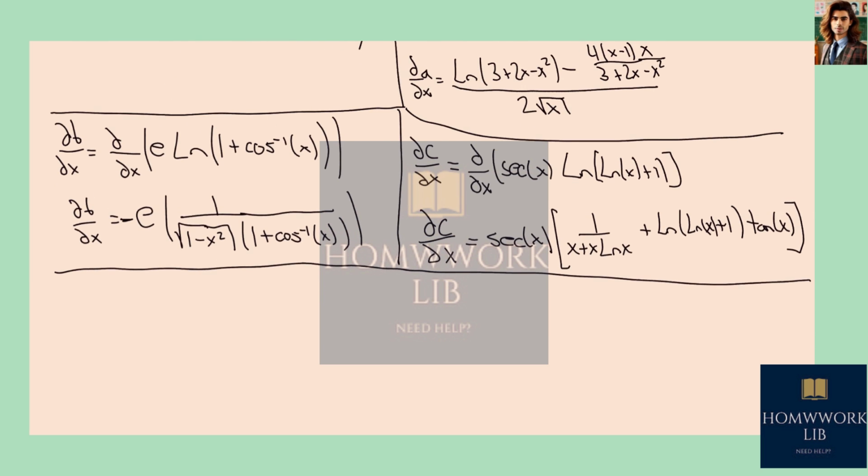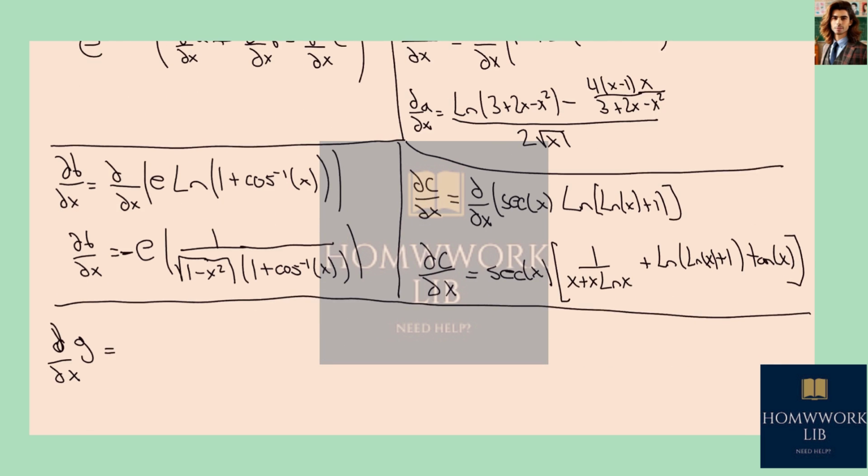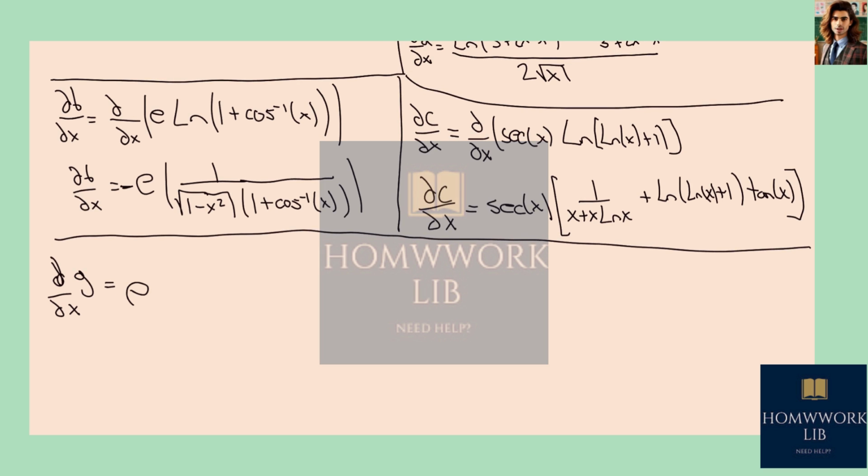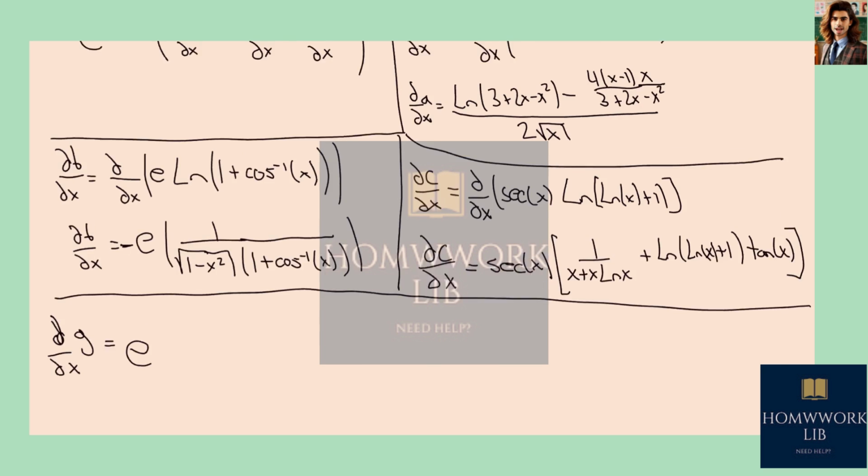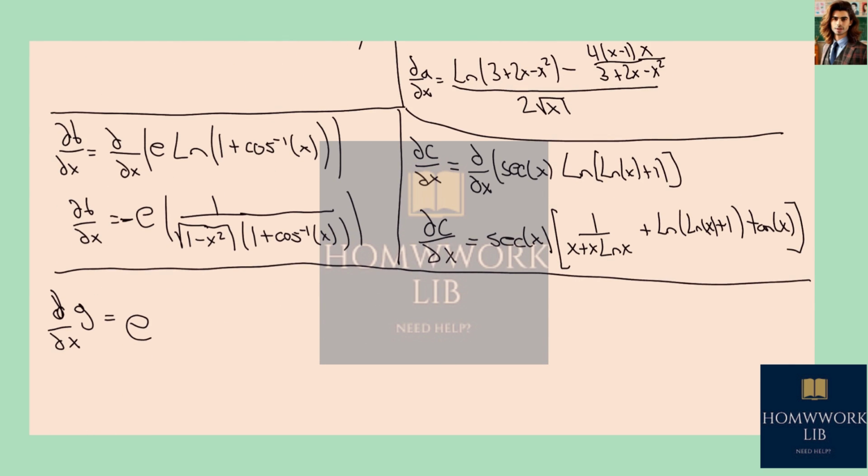So we can substitute, and we know finally that the derivative with respect to x of my original function is going to be equal to e to the a plus b minus c, which is exponential of a, which was this factor over here, the square root of x times the logarithm of 3 plus 2x minus x squared plus b, which was e times logarithm of 1 plus cosine to the minus 1 of x, minus c, so minus secant of x times the logarithm of x plus 1.